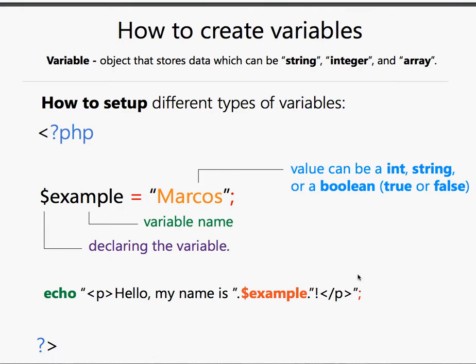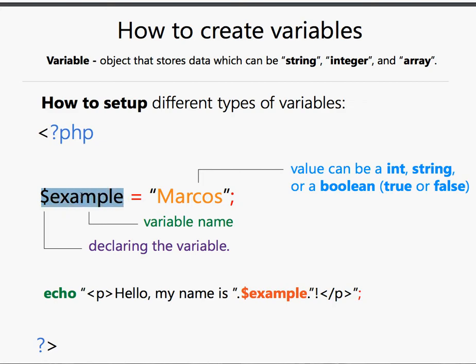Like Marcos was going over, JavaScript uses the word var for a variable. It's just an object that stores data. It could be a string, it could be a number, or it could be an array. There are different ways to do it. So the first example I wrote here is we just use a $ sign. JavaScript uses var.